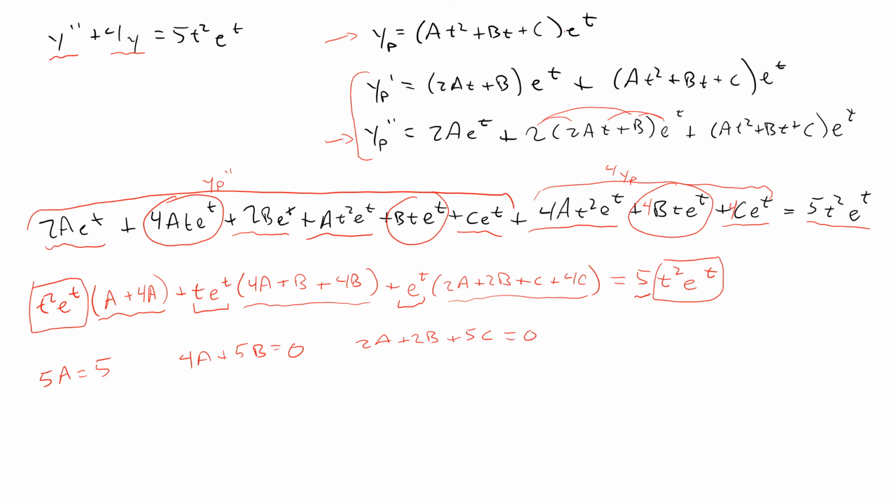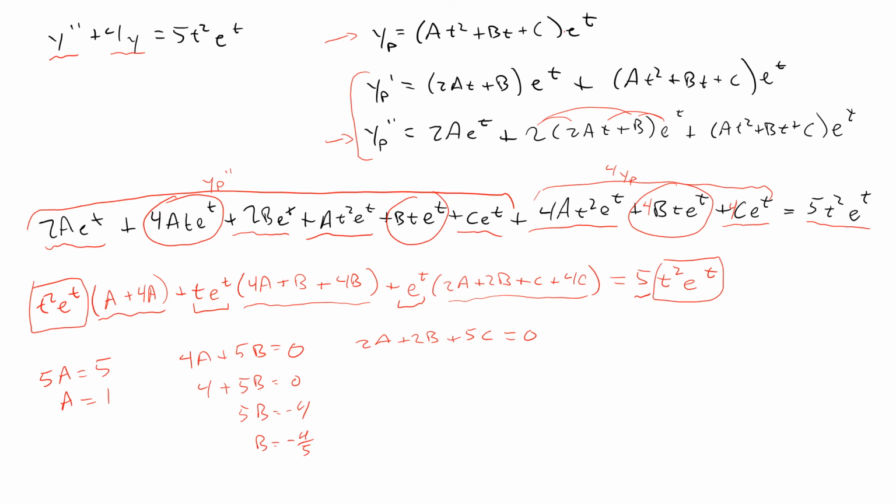Alright, so this is kind of a more advanced version of comparing coefficients compared to what we saw earlier in the video. But once we get here, it's pretty easy to figure out what a, b, and c are. Right off the bat, we find out that a is 1. If I know that a is 1, then I know that 4 plus 5b should be 0, so 5b should be negative 4, and b is negative 4/5.